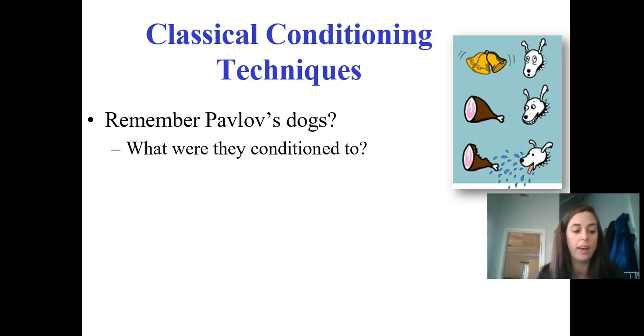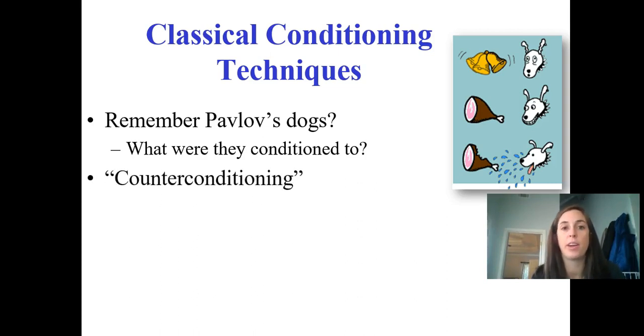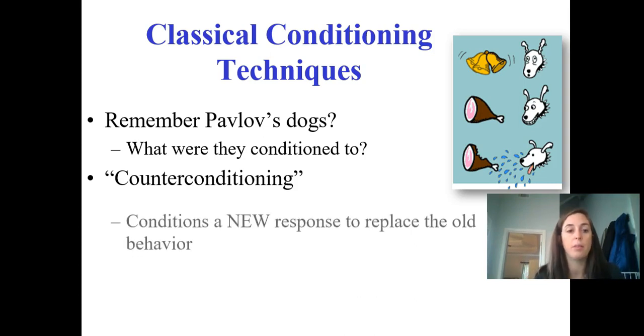So let's say that if you have a disorder, there's a behavior, and some things naturally trigger it. The idea for classical conditioning is, well, how do we retrain them to get rid of that behavior? And so this is called counter conditioning. It's like you're doing the opposite. You're getting rid of that old behavior and replacing it with something new.